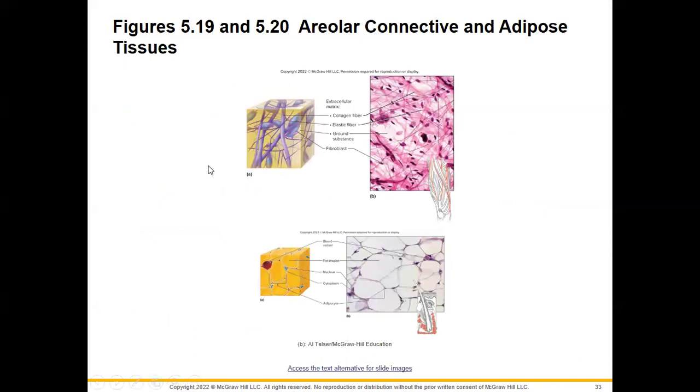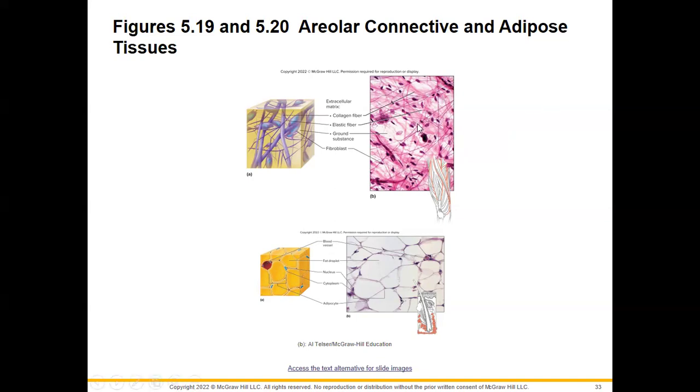So this is your areolar connective tissue. These dots are going to be your fibroblasts. Here, the red or pink color will be your collagen fibers. So those are going to be your thicker fibers that are not going to branch, and they're going to have lots of tensile strength. You have these thinner fibers in this tissue.